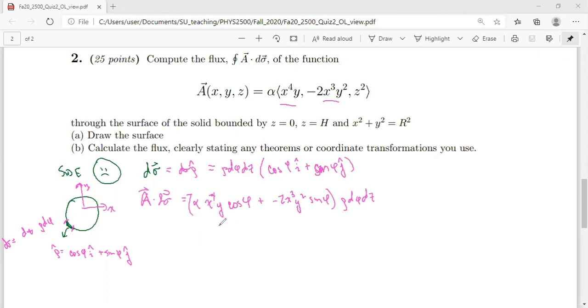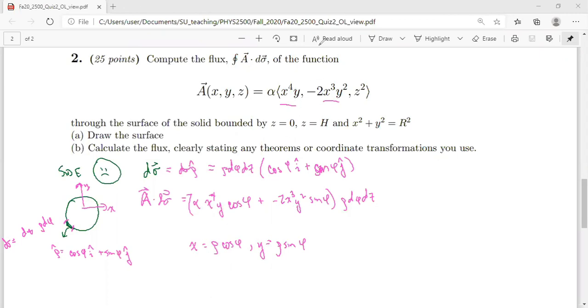So the last thing to do is we have integrals with respect to cylindrical coordinates. We're going to take limits with respect to cylindrical coordinates. We've got to get rid of these x's and y's. So x is equal to rho cosine phi, and y is equal to rho sine phi.